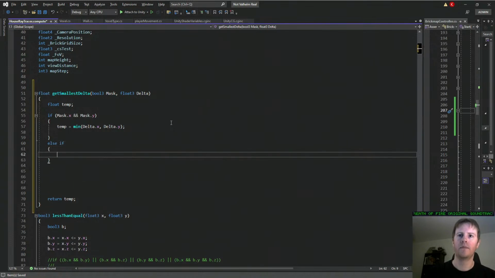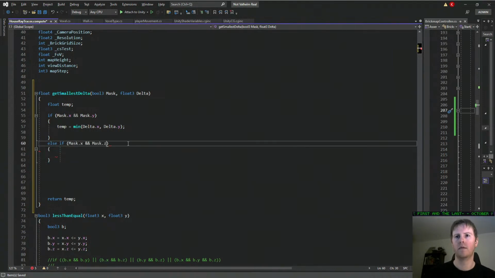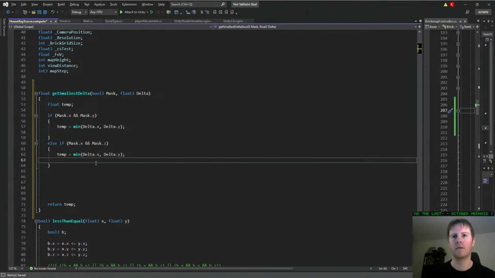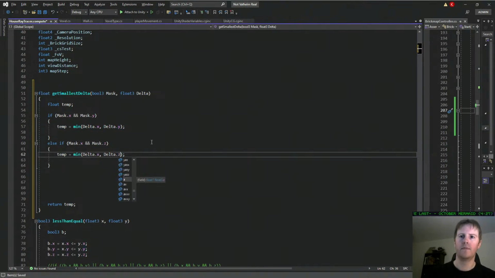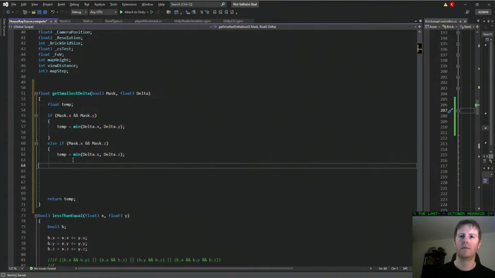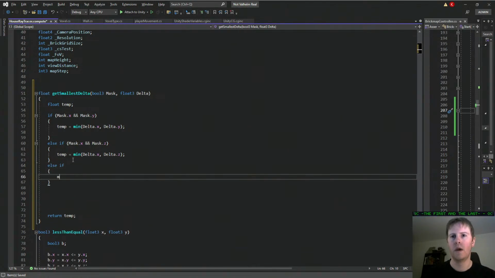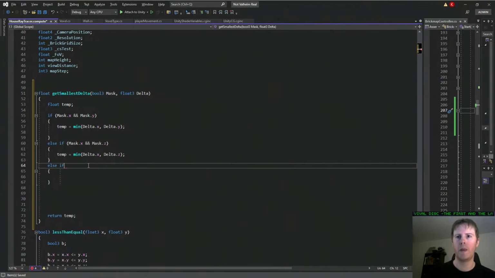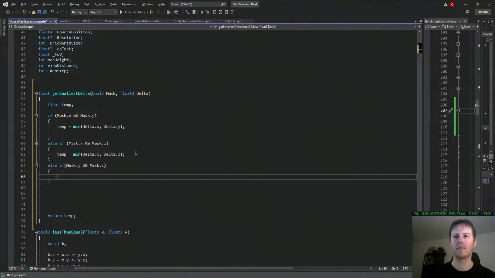Else if mask.x and mask.z, else if mask.y and mask.z. Those are really all the checks, I believe.